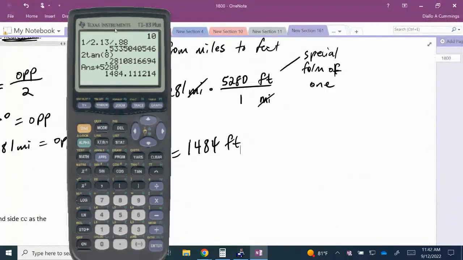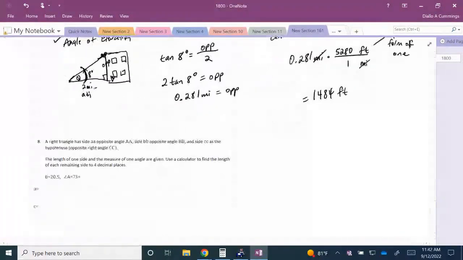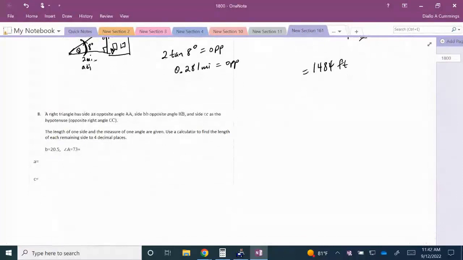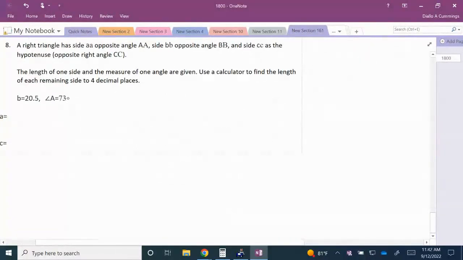Okay. All right, now we're going to take a look at one last problem, and it involves us solving a right triangle. I copied this from XYZ, so sometimes there's some double stamp going on.